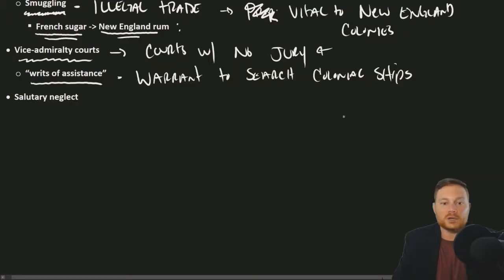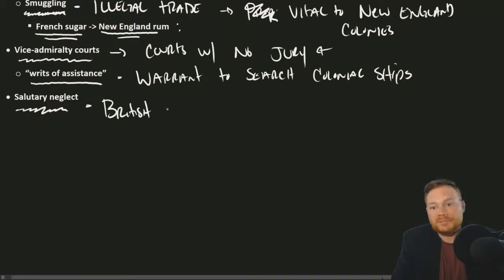Now, here's the kicker. For the most part, when these Navigation Acts go into effect, roughly the late 1600s, the British failed to enforce them. They're not very strict about it. We call this salutary neglect. This is the British failure to enforce the Navigation Acts.